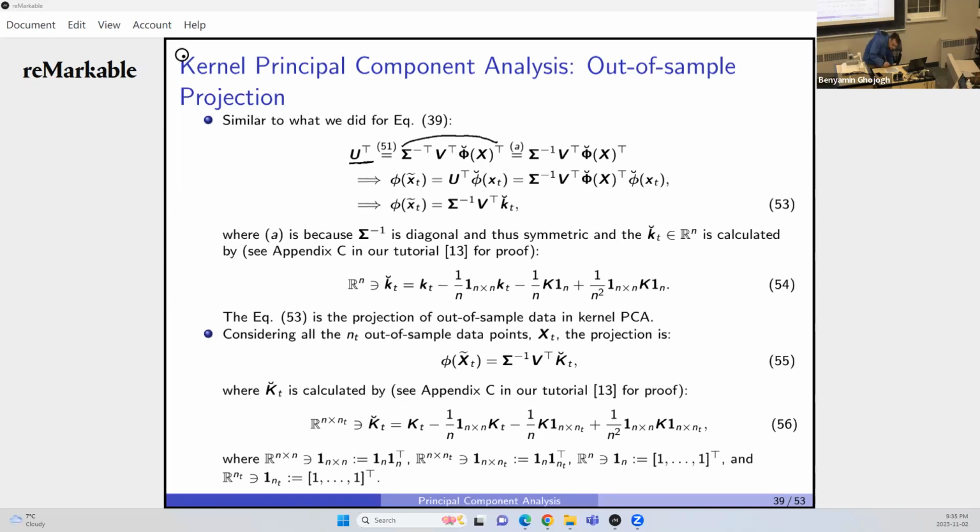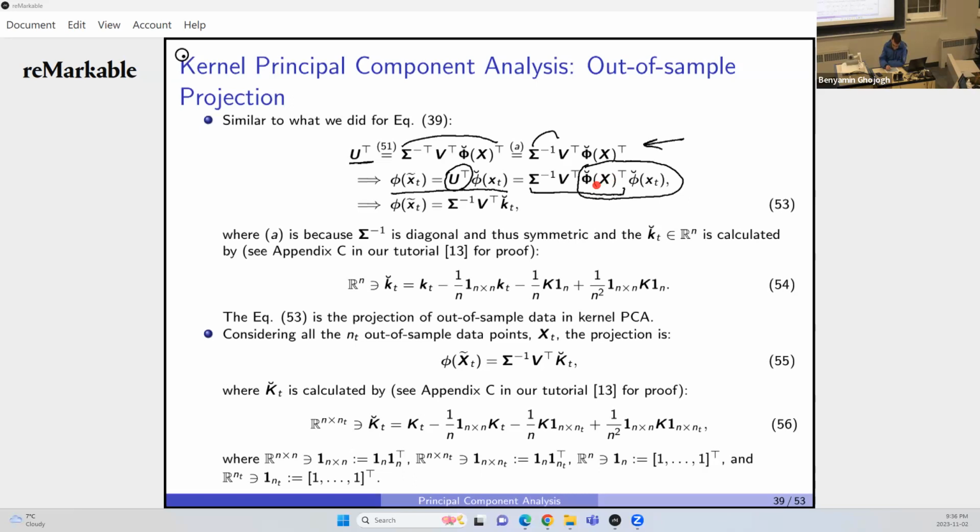So sigma inverse transpose becomes sigma inverse, right? Then we know that this is the PCA projection for out-of-sample data, right? So I replace U transpose with what I just found. I will get this. Interestingly, this appears.